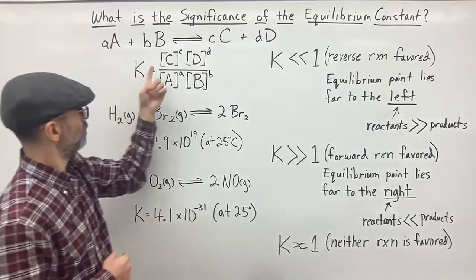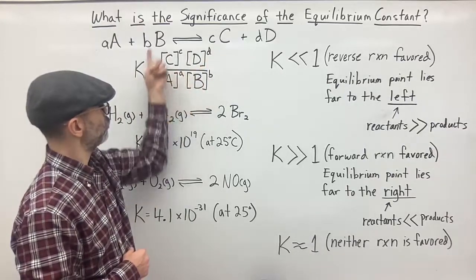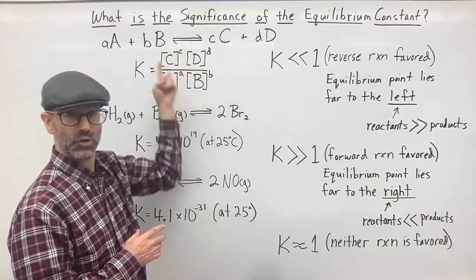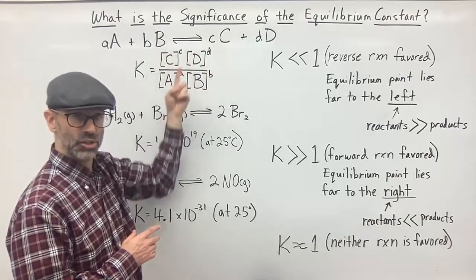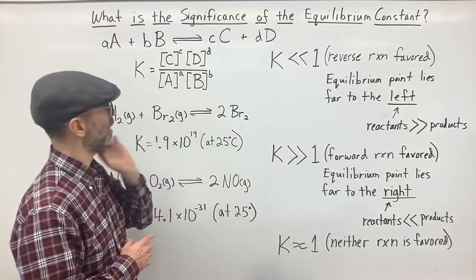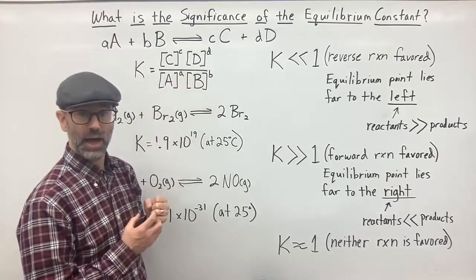If you have more product at equilibrium, if your numerator is larger than your reactants in the denominator, that's going to end up being a larger value.